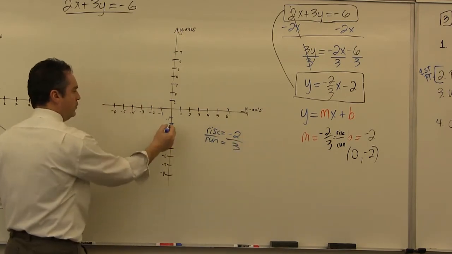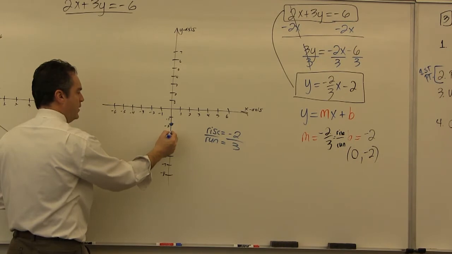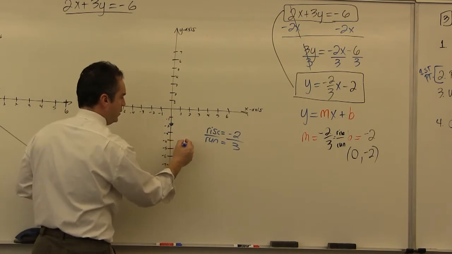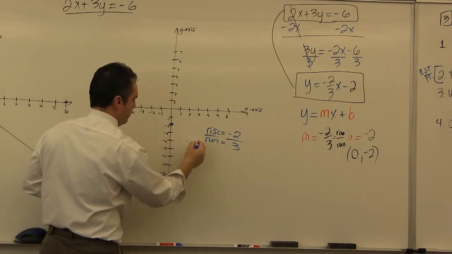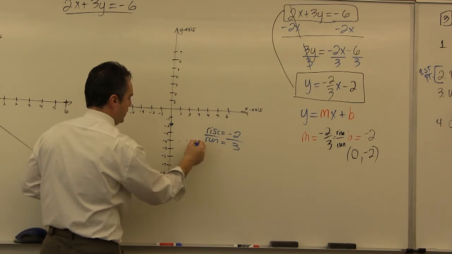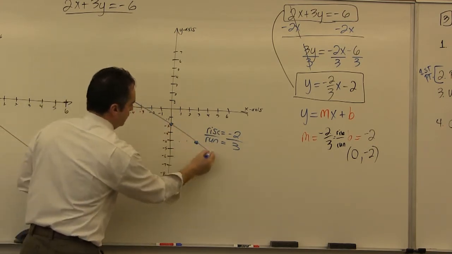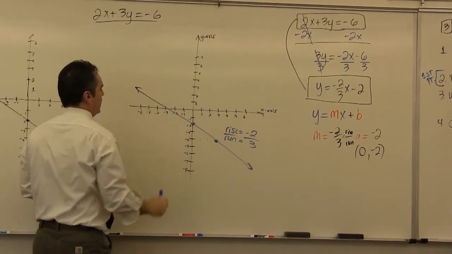So we are going to go down 1, 2, and we're going to run 3. So we're going to go forward 1, 2, 3. Very good. And now we have 2 points, and we can connect them, and we have our line.